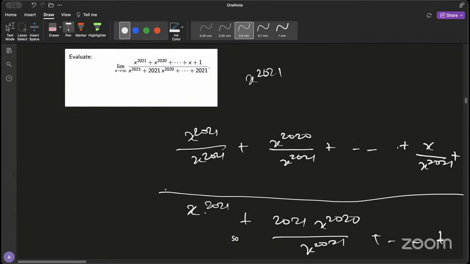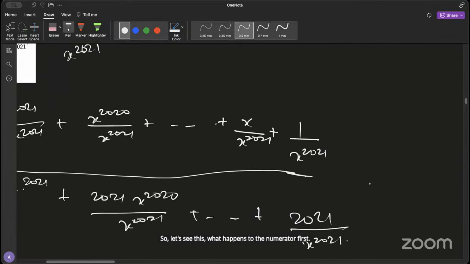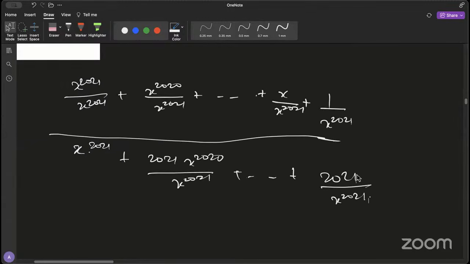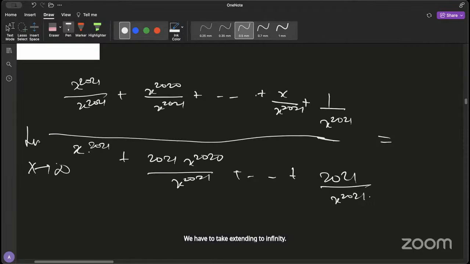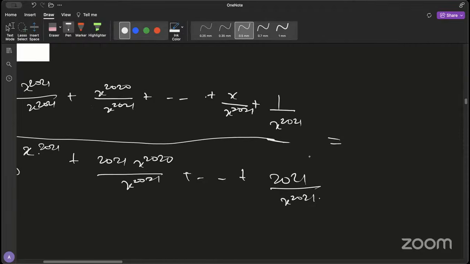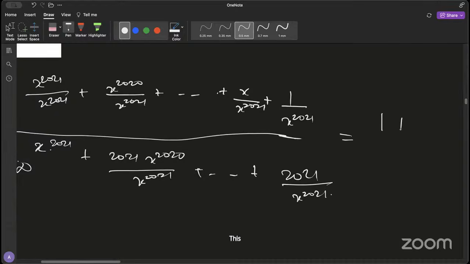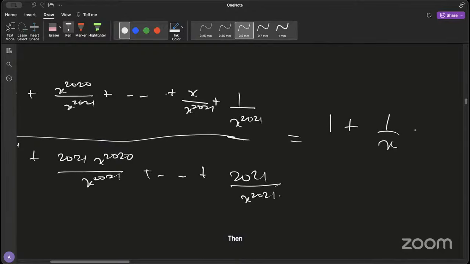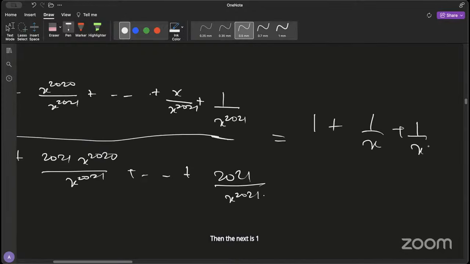So let's see what happens to the numerator first. In the numerator, we take x tending to infinity. This will be 1, this will be 1 by x, then the next is 1 by x square, right?